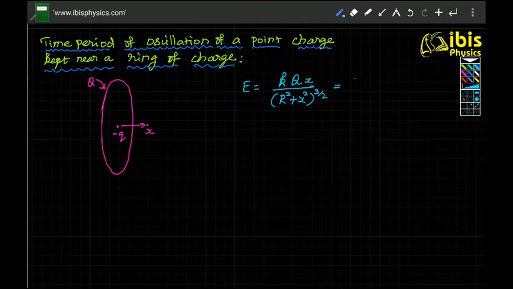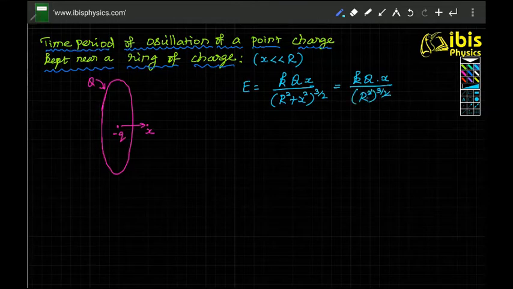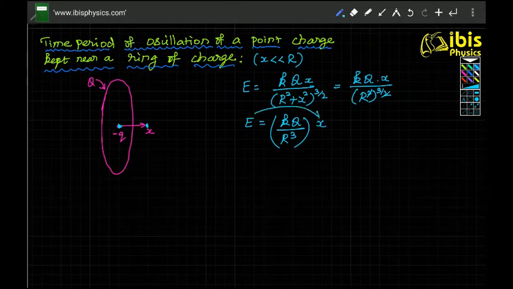So this equation becomes k q x by, because x is far less than r, x square plus r square is just r square whole power 3 by 2, which is nothing but r cube. So the electric field at any point very close to the center of the ring is k q by r cube into x. That means the field is proportional to x.